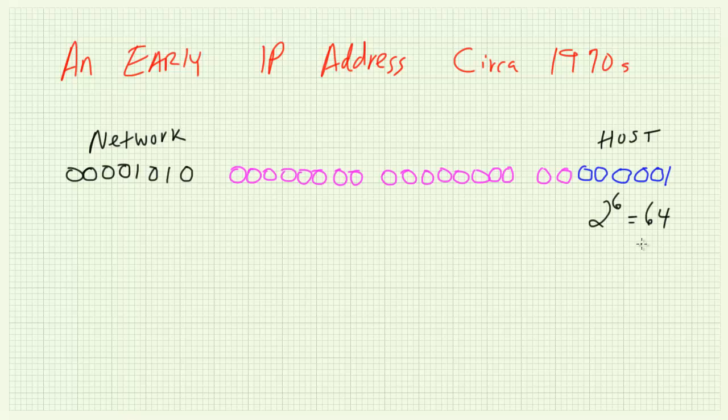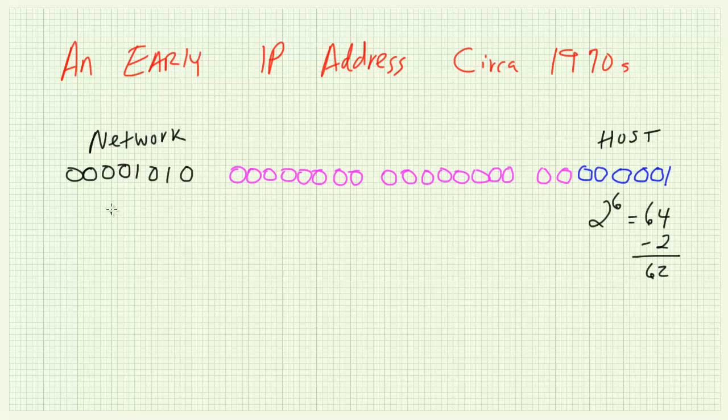So we're going to subtract those 2 special cases from 64, and we would get 62 usable host addresses, which back in the 1970s was probably plenty, because most of the installations may have had only 1 or 2 or 3 relatively large computer systems, because this was before the proliferation of the local area network, where we had a computer on every desk and a printer at every corner on the hallway. Typically, we would only have a few very large systems, and this relatively small number of host addresses was seen as being plenty for that period in time.